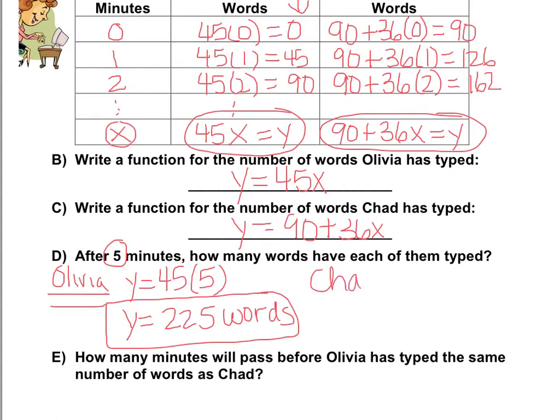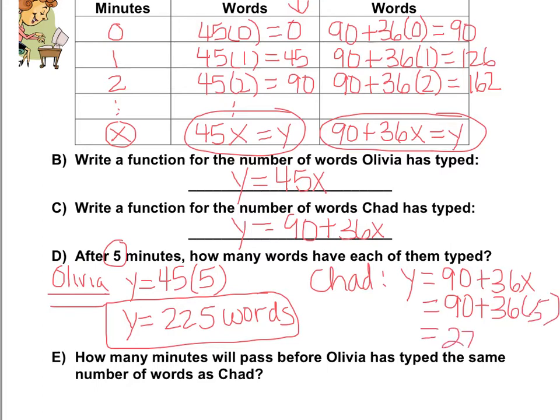Chad, on the other hand, his equation is y equals 90 plus 36x. And so if I plug in 5 for x here, then that comes out to be 270 words.